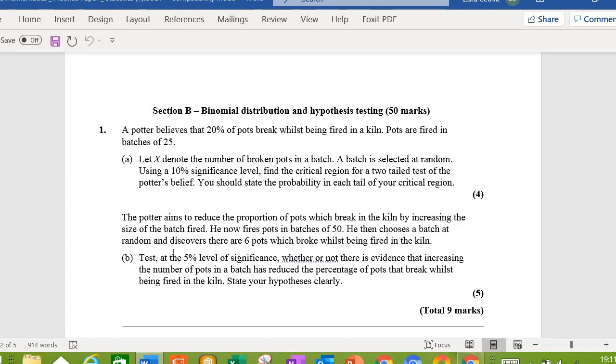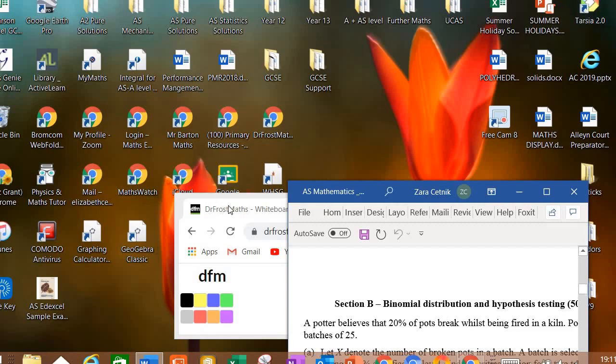He then chooses a batch at random, and he actually discovers his observed value was 6 which broke. Test at the 5% level of significance whether or not there's evidence that increasing the number of pots has reduced it. So we definitely want P to go down. So that sounds like a one-tailed test now. State your hypothesis clearly.